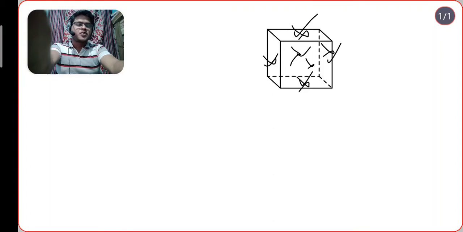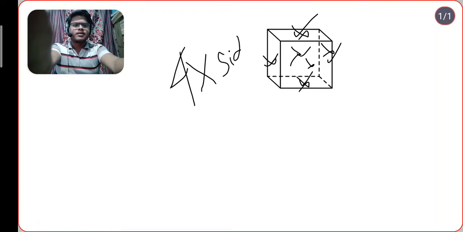For the area of all these sides, four distinct sides are there, so 4 into side square, that is only the sidewise.